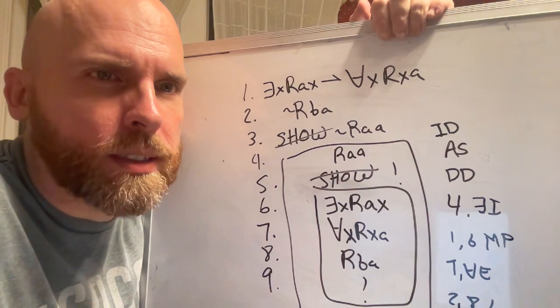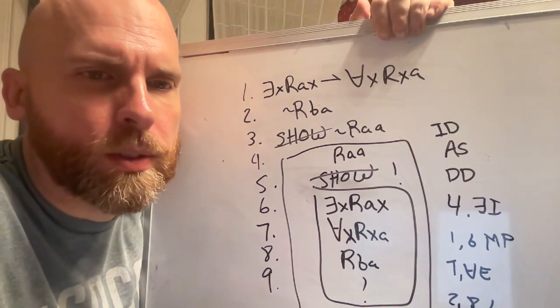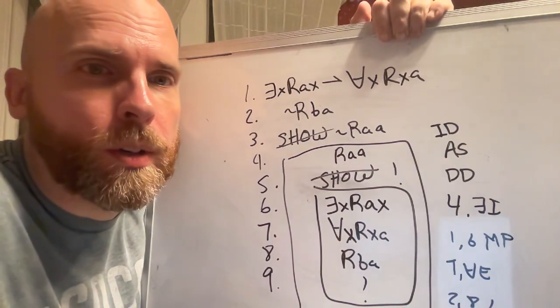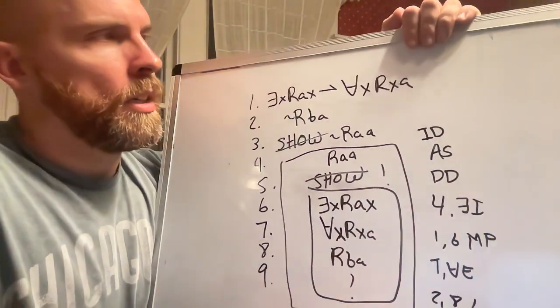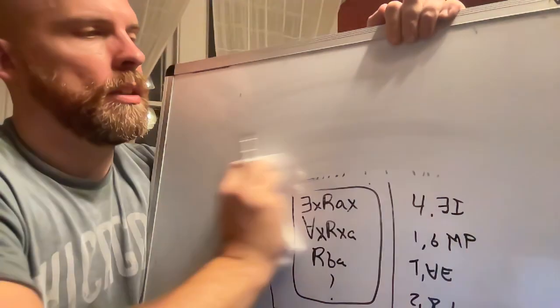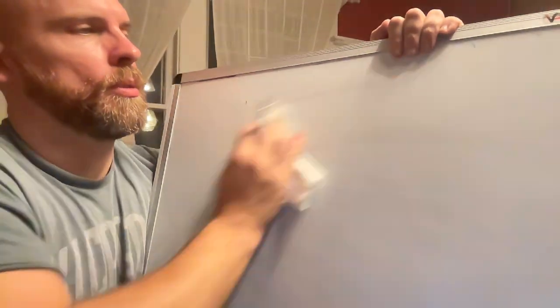When it gets complicated, we'll see as we enter into the other two rules we have, where we're eliminating existentials and trying to show universal statements.